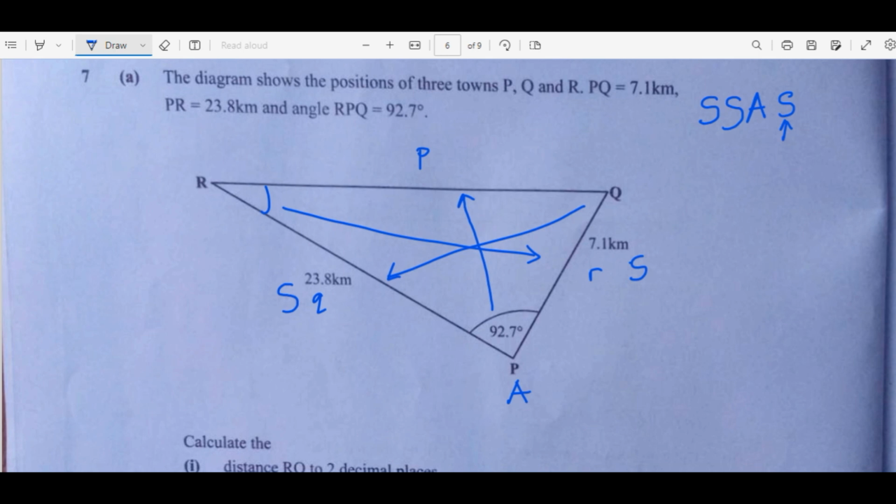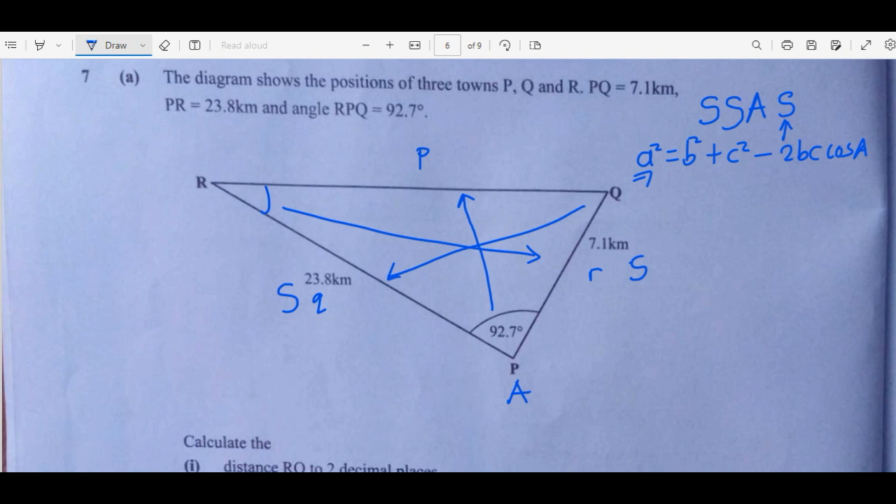So now how can we apply this cosine rule? The formula for the cosine rule is a squared is equal to b squared plus c squared minus 2bc cos A, the first letter, which is cos A. Now we are supposed to use the letters that we have.